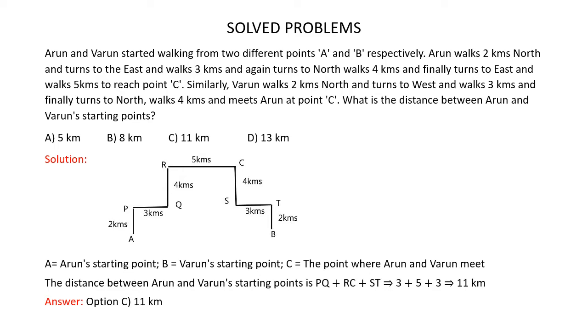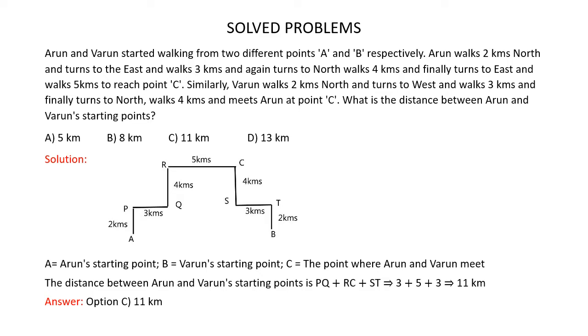So first, let's draw a diagram for the information given in the question. Arun and Varun started walking from two different points A and B respectively. So A is the starting point for Arun and B is the starting point for Varun.